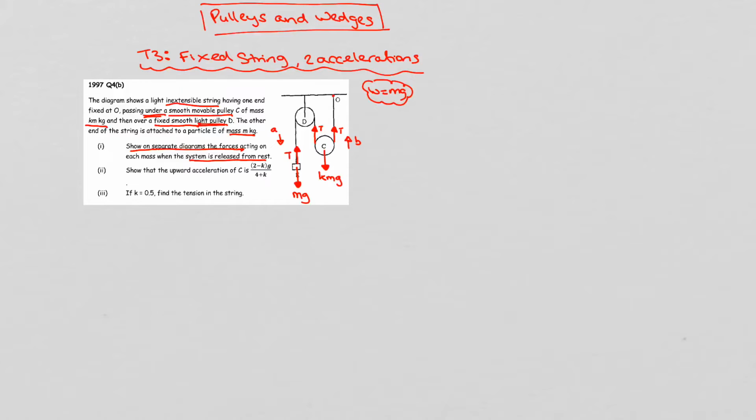So if we're going to say A and B. Now what happens if I get those two the wrong way around? Well, if I had those two the wrong way around, what would happen is I'd end up with a negative value, and that doesn't matter as long as you state that actually the direction was the other way around.